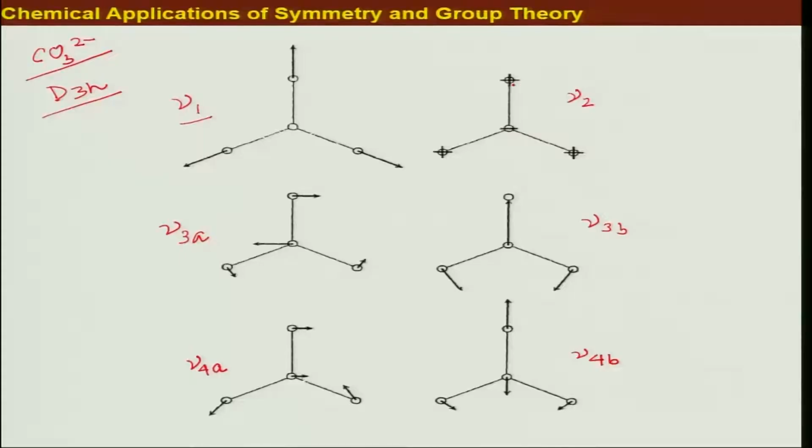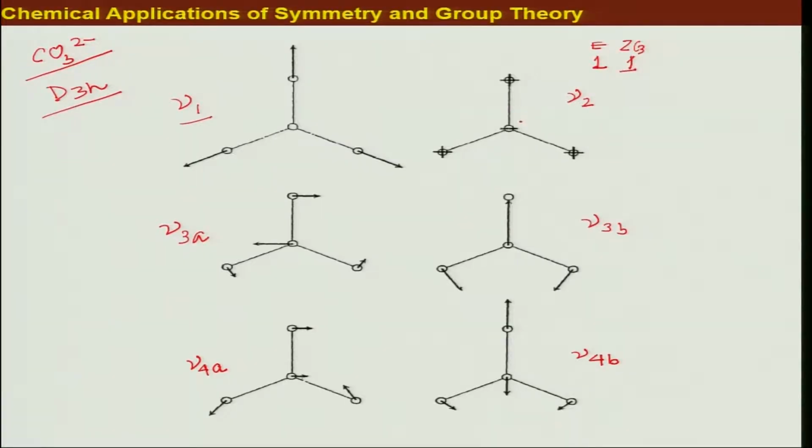So what happens here? If you apply identity, for this particular structure, identity will give me a character of 1, while C3 will also give me 1 because after rotation by 2 pi by 3 I will get an indistinguishable structure. So C3 is also going to give me 1.